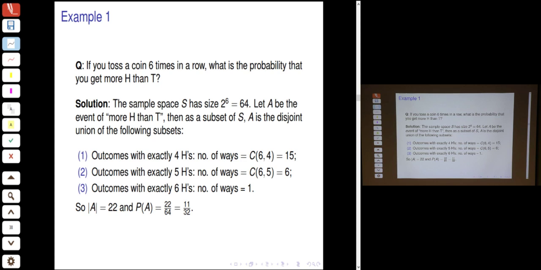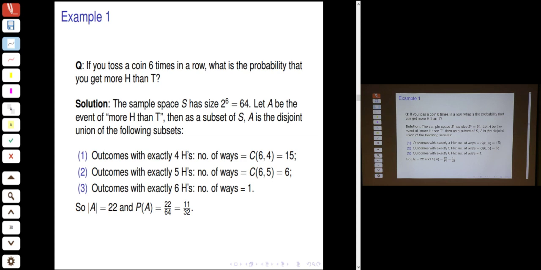One is exactly 4 heads, right? Then there are 2 tails, so more heads than tails. The second case is we have exactly 5 heads and only 1 tail. So again, more heads than tails. The last one is we have all 6 heads and 0 tails, right?